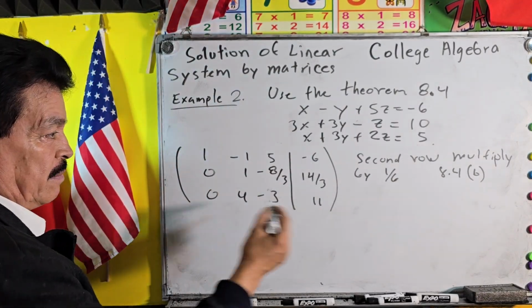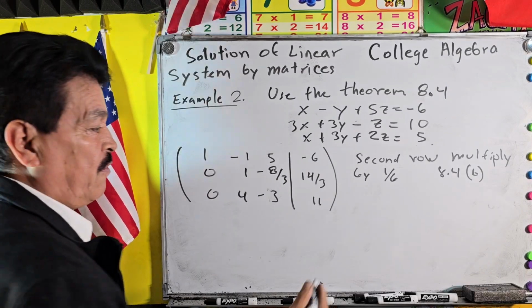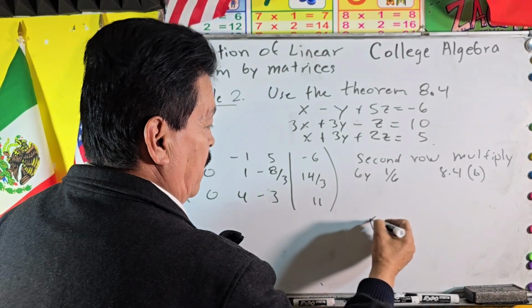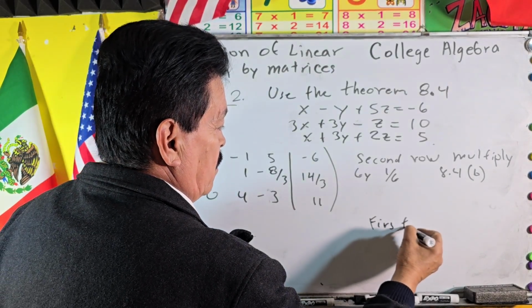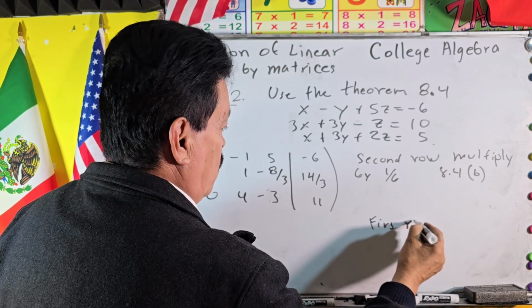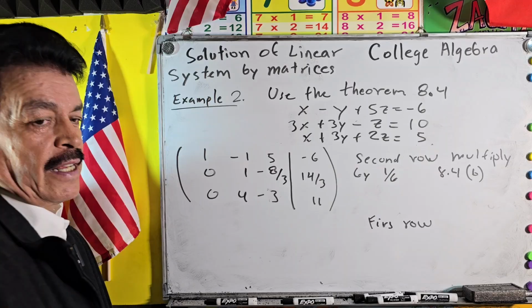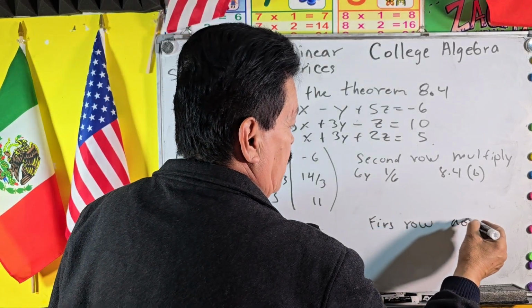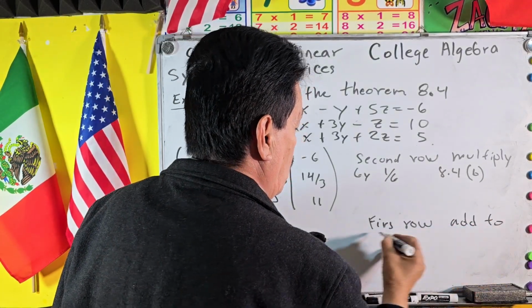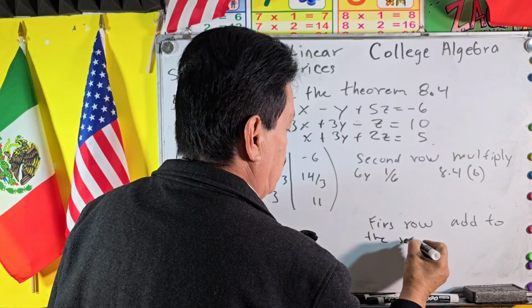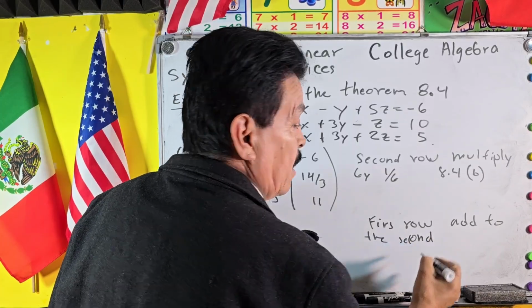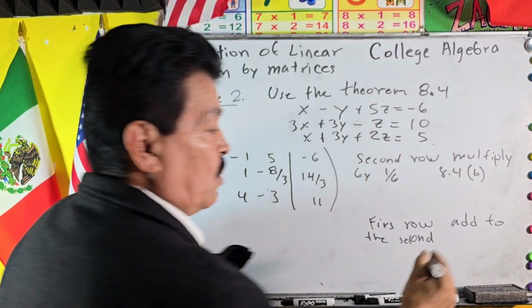Let me write the next step here. First row here. Actually, maybe first row here added to the second. Add to the second row.